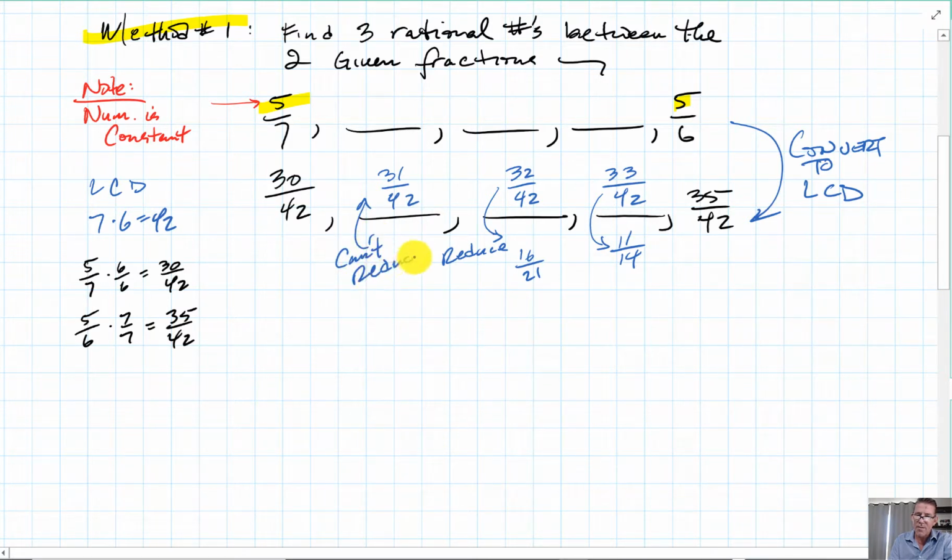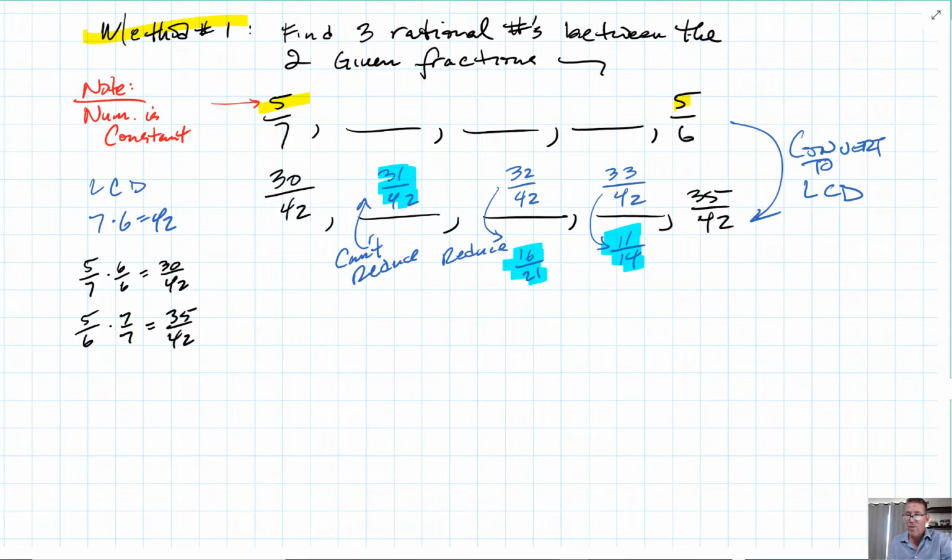So you reduce if possible. Okay, so my results that I found in this case is 31 40-seconds, 16 21st, and 11 14ths. Those are 3 fractions between the two given fractions. Okay, so this is one way you can do it. You can get an LCD, all right, and then just increase the numerator, from 30 to 31 to 32 to 33, and then of course to 35.